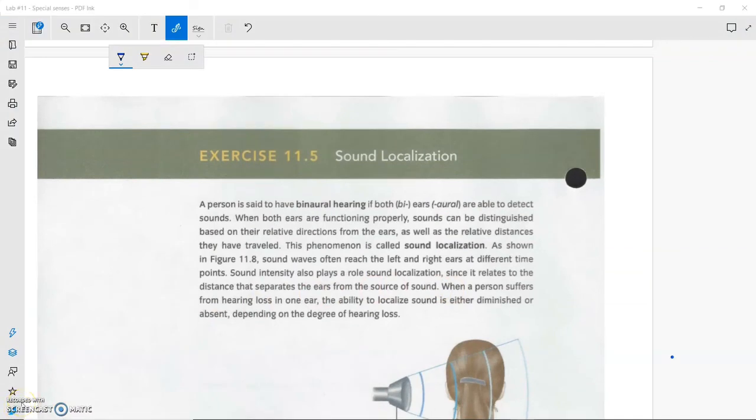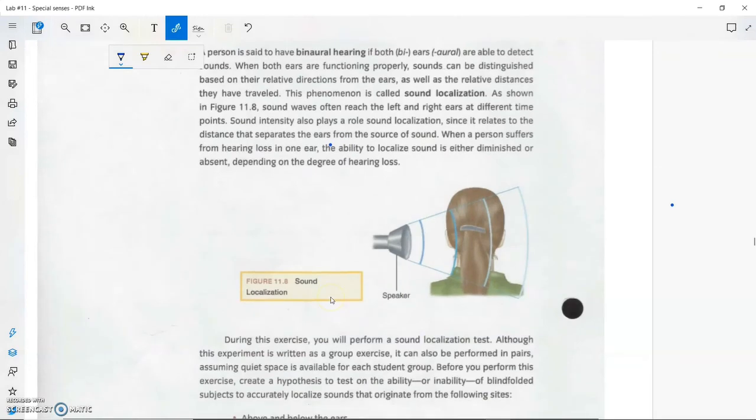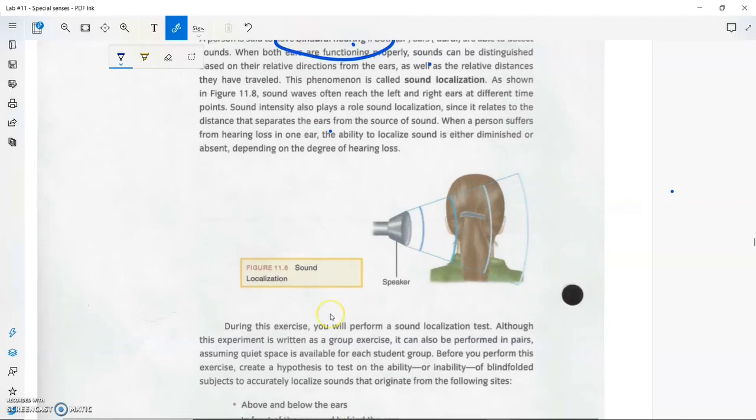So, sound localization. Unfortunately, we cannot do this lab as well, but I want to just exemplify. We have the ability to localize sound specifically because we are binaural. We have binaural hearing.